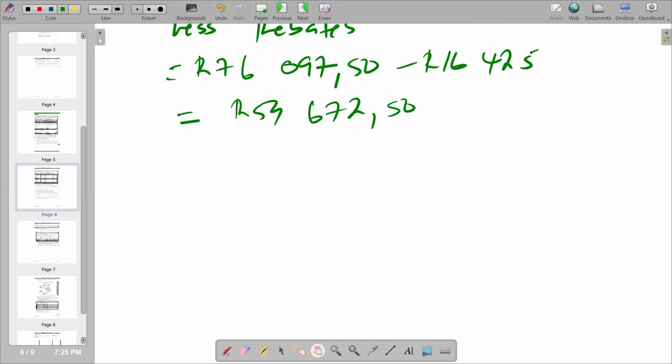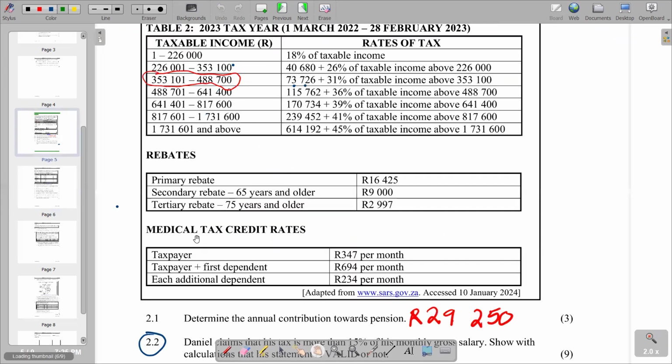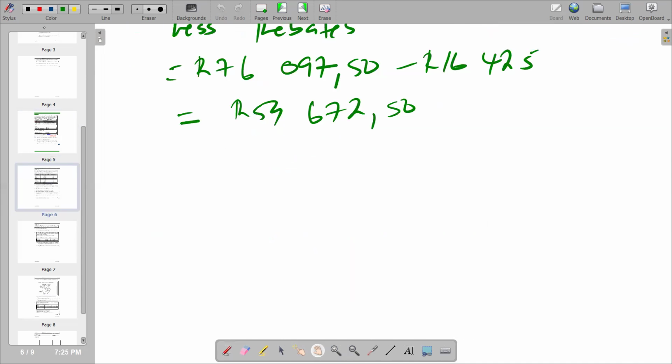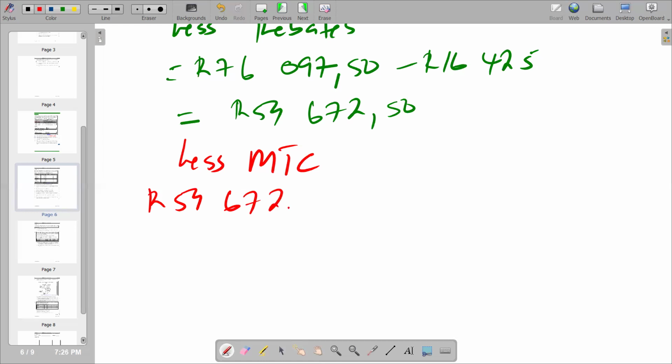After that, we've got a table beneath that, which is for medical tax credit rates. So we are just going to say less MTC. We start with the figure that we have here, which is 59,672.50, and then we subtract the MTC.